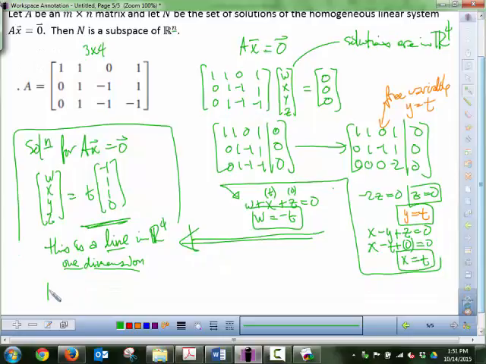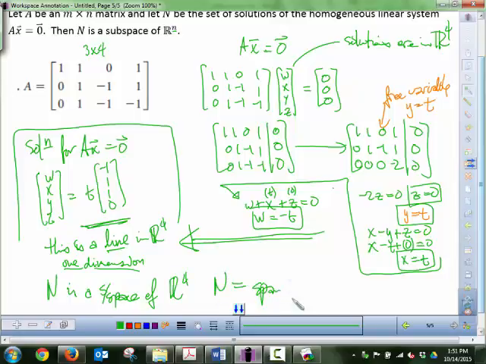So n, in this case, is a subspace of R4, and n is equal to the span of this one vector, negative 1, 1, 1, 0. And it's one-dimensional.